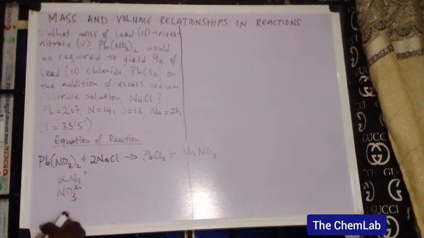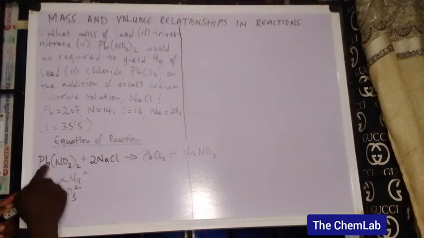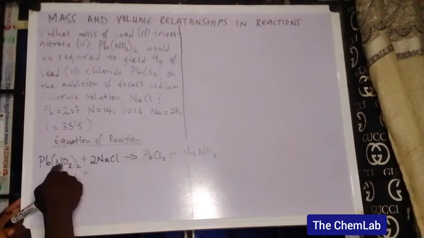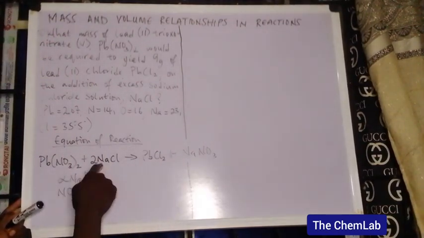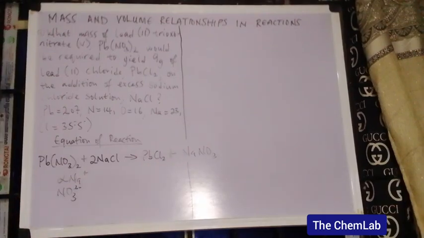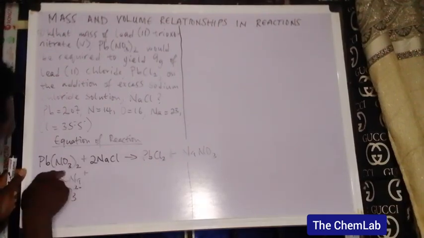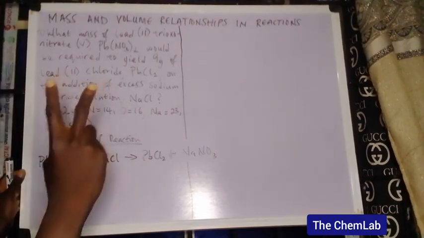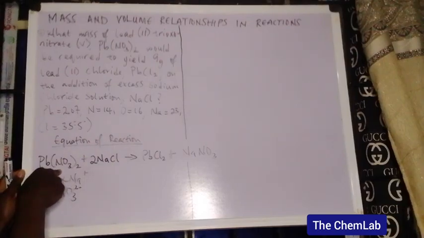Now, which other one is remaining for us to represent? I think that's all. We have represented Pb, Cl, NO3, Na. But now look at this. This 2 here is telling us that NO3 appears twice, so 2 atoms of this radical.